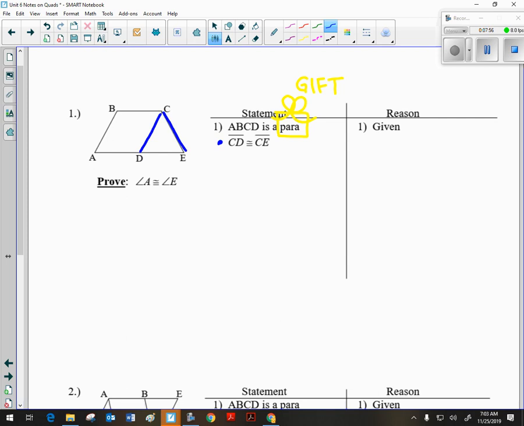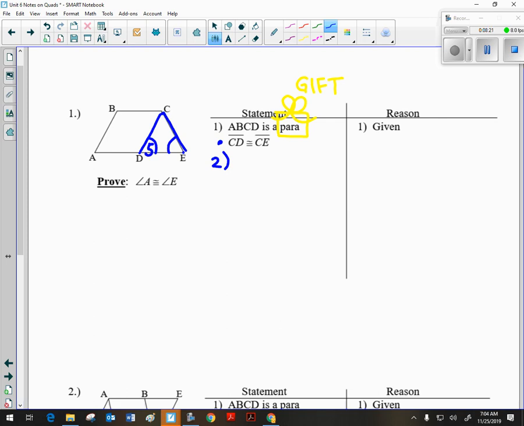As soon as I color those two, what I notice is that those are 2 sides in one triangle, which means that these opposite angles will be congruent to each other. Angle E I can call angle E, but the one angle, angle CDE, we can't just call it angle D because there's more than one angle D. So let's give it a number.